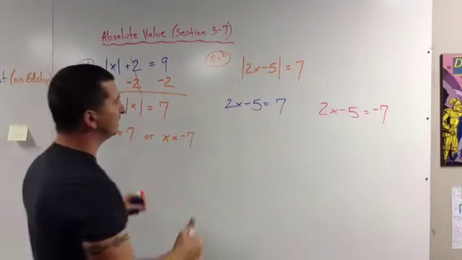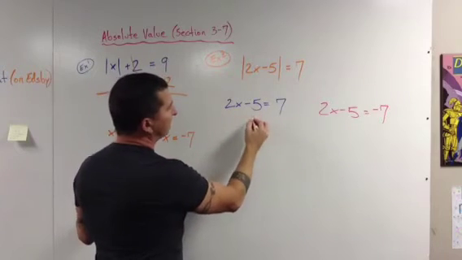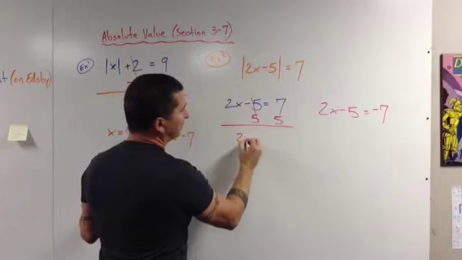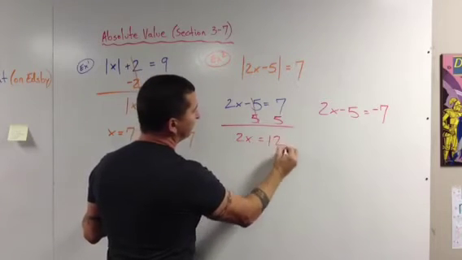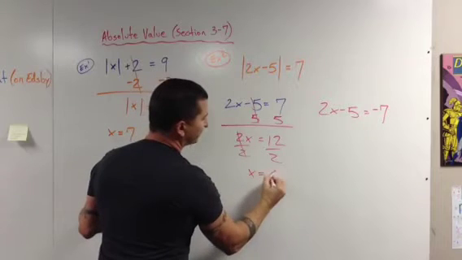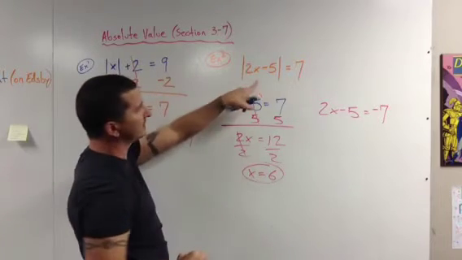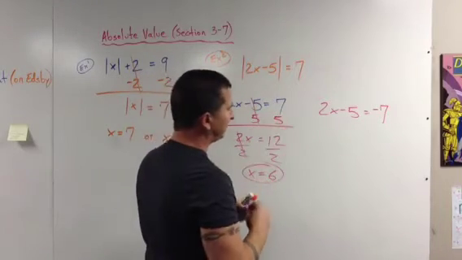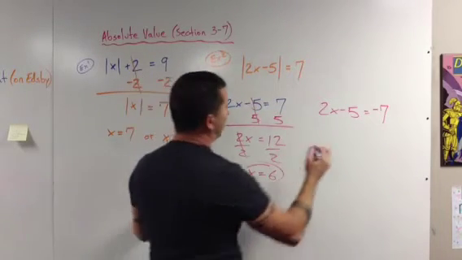Now let's solve these. We have 2x minus 5, so we're going to add 5 to both sides. We get 2x equals 12. So x equals 6. So one of the answers for this is 6. The next one, we're going to add 5.